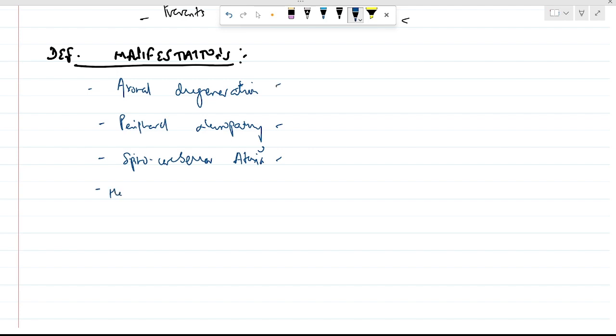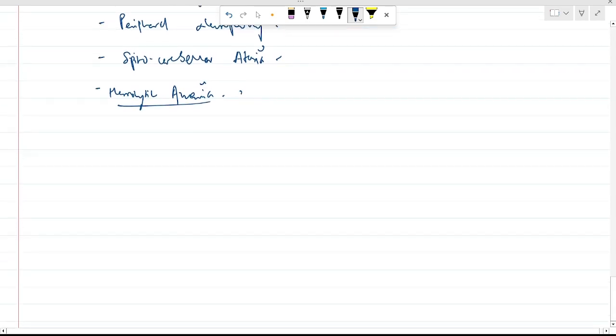Then there is hemolytic anemia. Why is there hemolytic anemia here? Because, as it is an antioxidant, it prevents generation of free radicals.